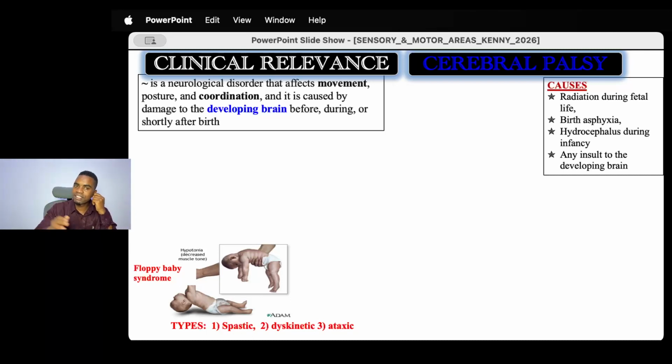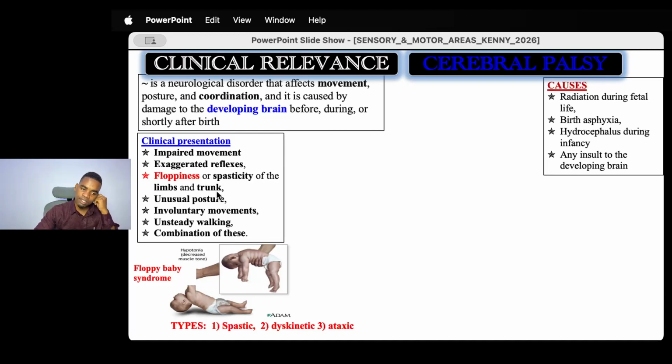So damage in between can potentially cause it, but cerebral palsy is either before, during, or shortly after birth. You can also have hydrocephalus during infancy, which can result in cerebral palsy. Ideally, any insult to the developing brain can result in cerebral palsy.